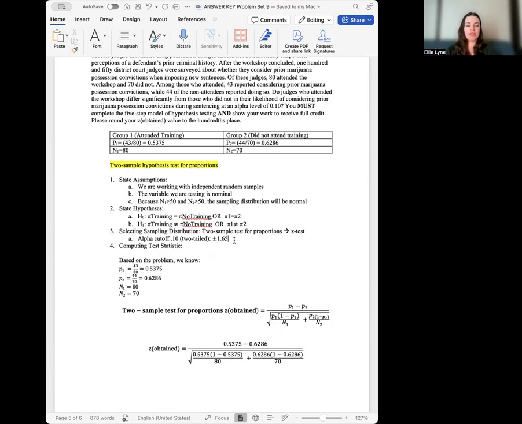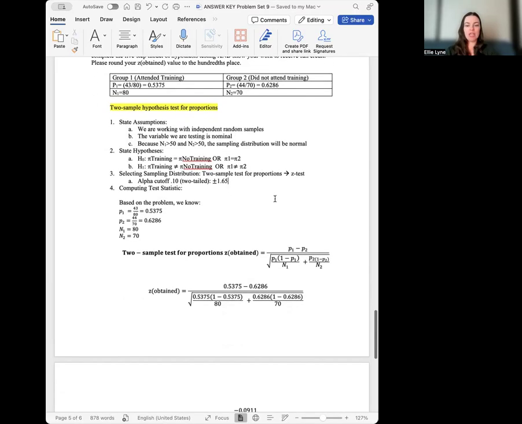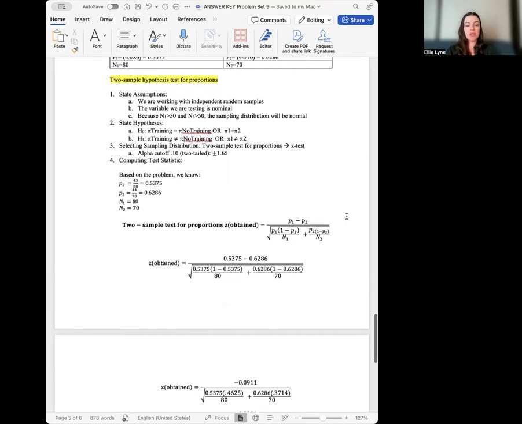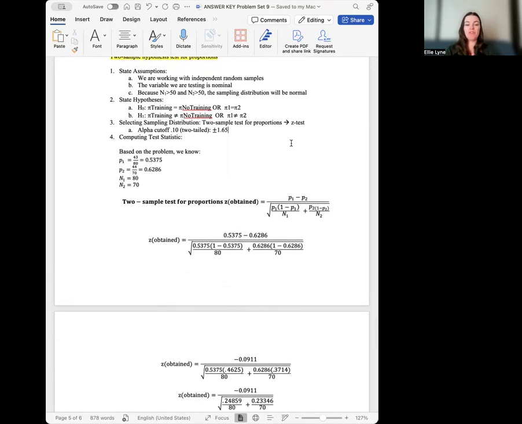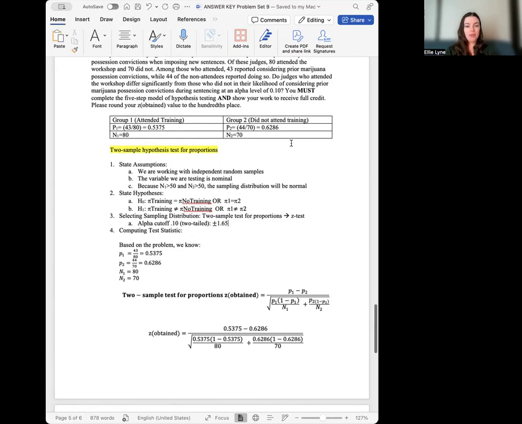So with that in mind, let's go ahead to step 4, our computation of our test statistic, or our z obtained. So based on the problem, we know the following. The proportion of our first group, so how many judges did consider this following those that attended the training. Then we have the proportion of judges who did not attend the training who still consider this.